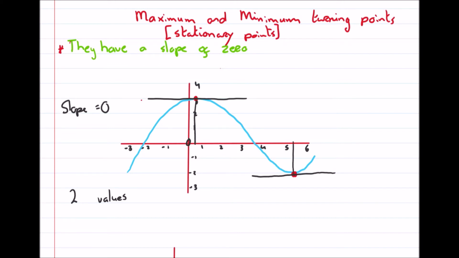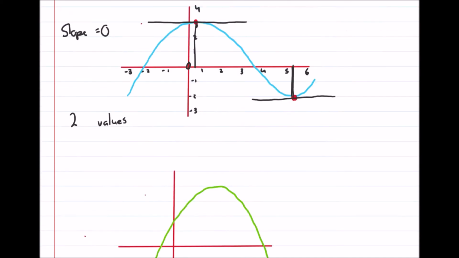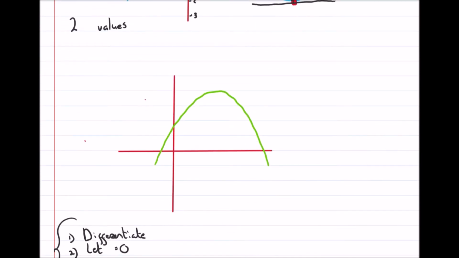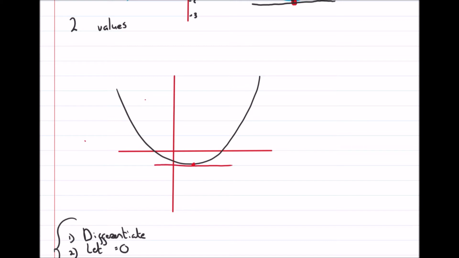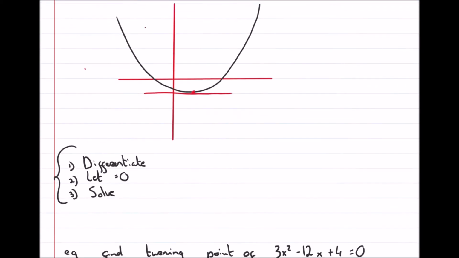The other will be where its curve is at its minimum. However, something like this, that just has one value, will either spit me out a maximum turning point if it was a curve like this. However, if it was a curve like that, then it would be spitting out the minimum value.